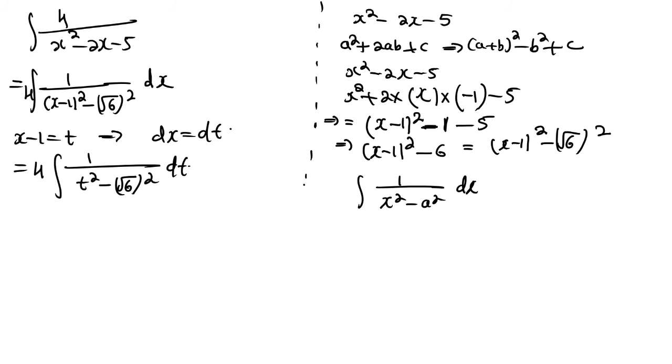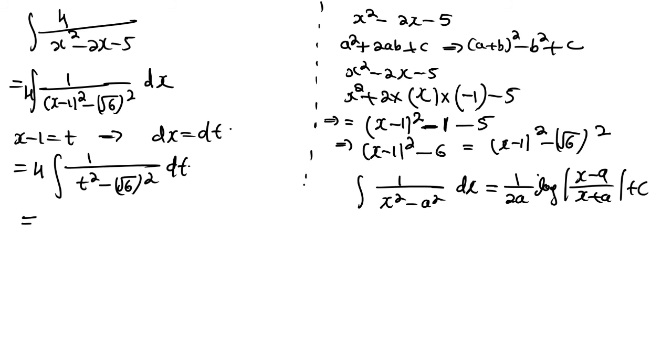Integration of 1 by x square minus a square into dx is equal to 1 by 2a into log of mod of x minus a divided by mod x plus a plus c.